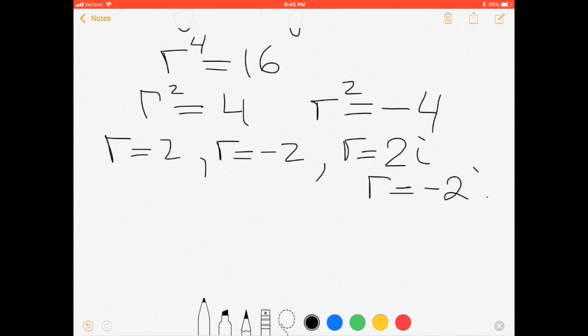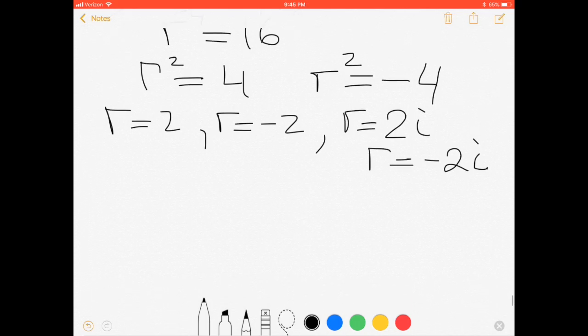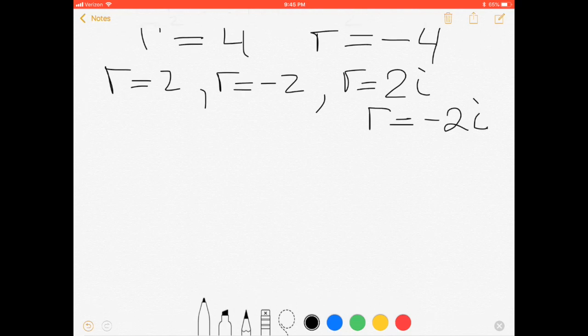I especially write this way so you can see you have 4 different numbers, but 2 are real and 2 are complex.